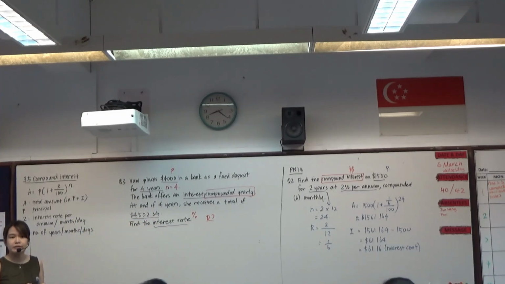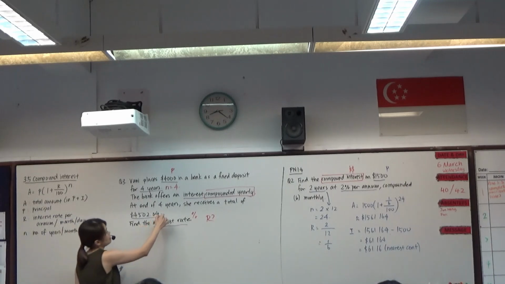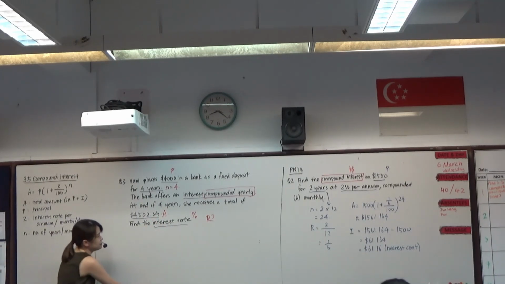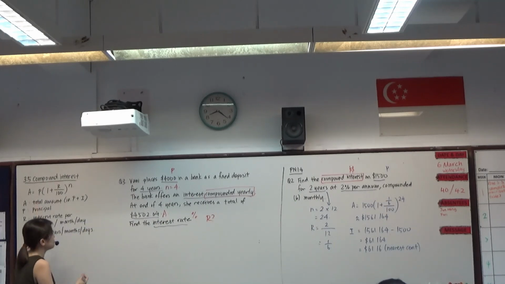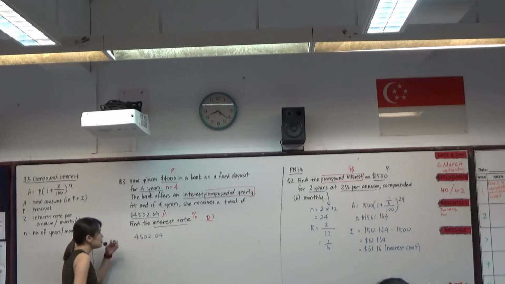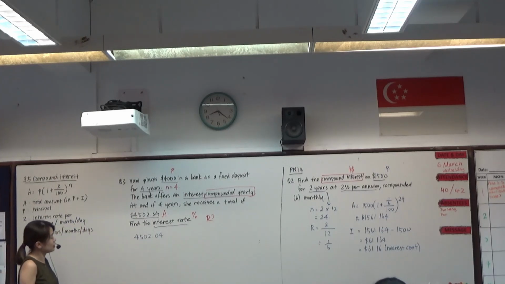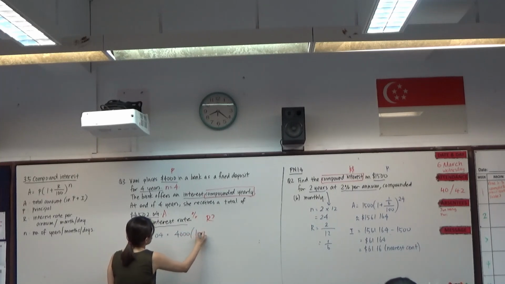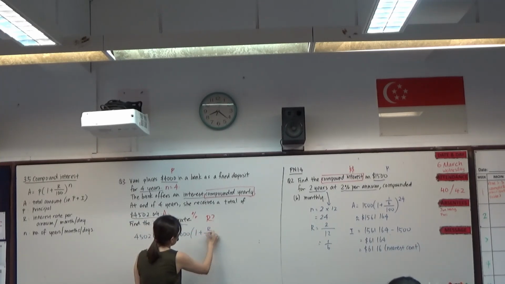What does it represent? A. It will represent A. Thank you. So we make use of the information, place it inside our formula, and we can write 4502.04 equals the principal times (1 plus R over 100) to the power of 4.